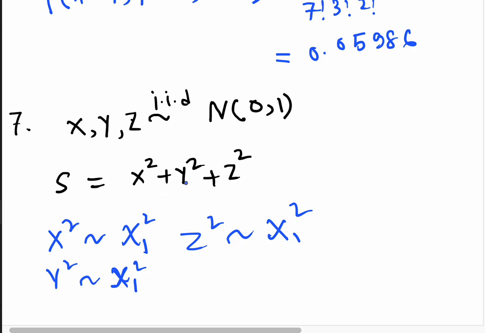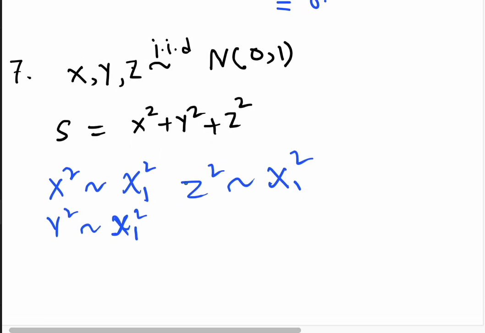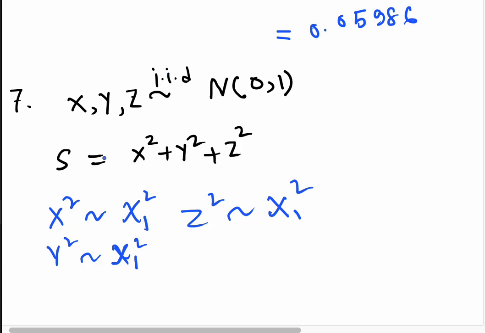And we know that if we add 3 chi squares of order 1, the random variable will become another chi square with 3 degrees of freedom. So the answer will be a chi square distribution with order 3. So that is the answer 7.